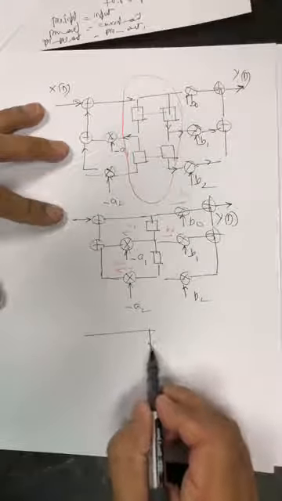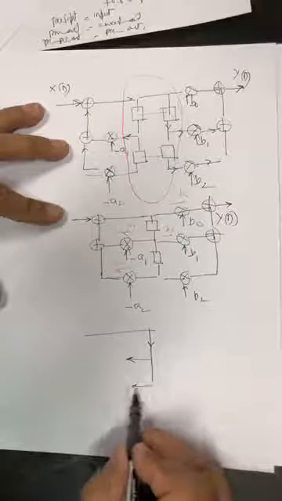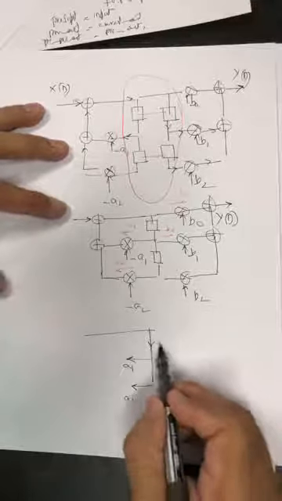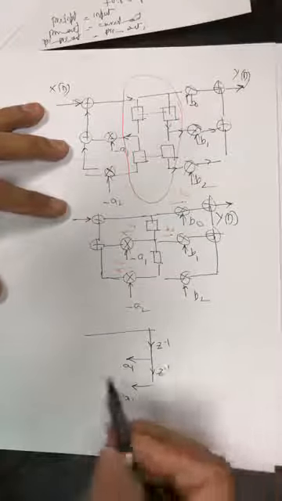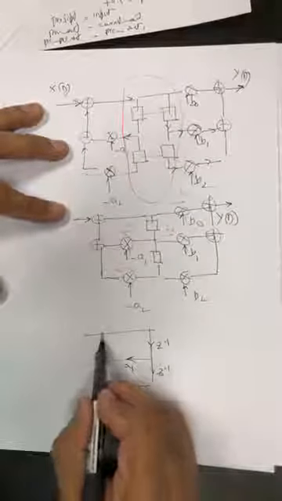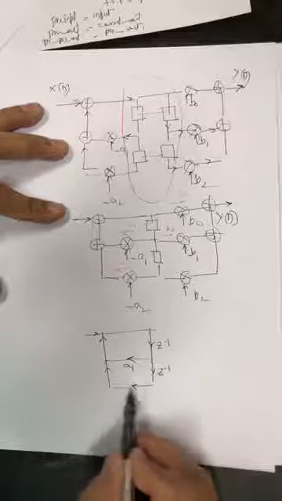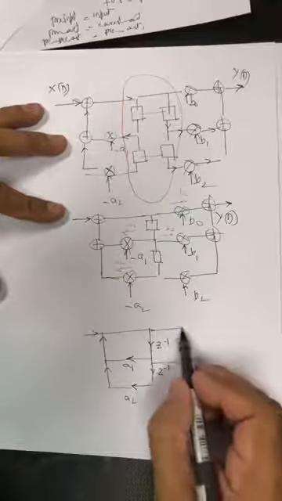There is a slight difference of notation in that the book uses A1, A2 instead of minus A1, minus A2, but it does not really matter. It's just what you call A1 and A2, and wherever two arrows are meeting, it automatically means an adder.